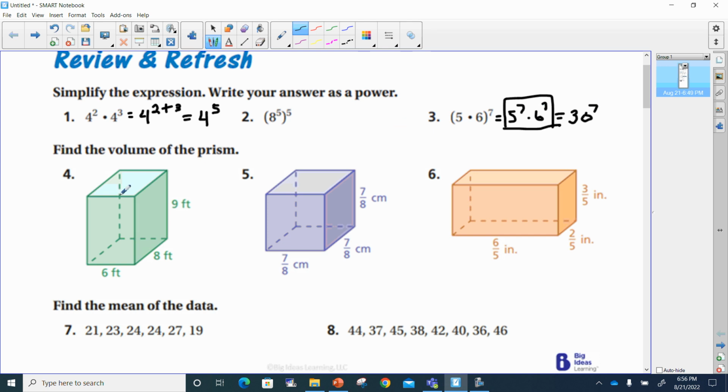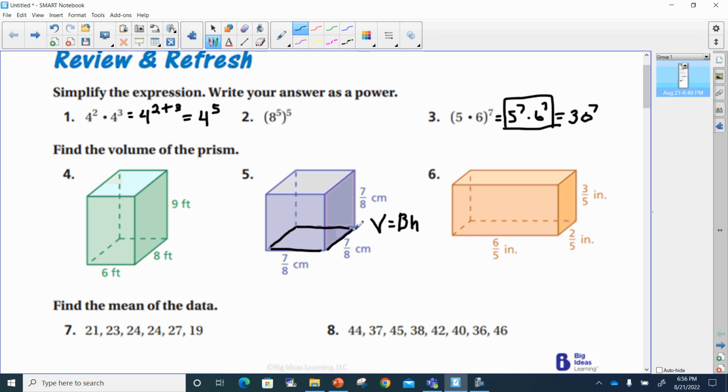Number 4 is yours. It shouldn't be a problem finding volume. They've given it to us in fractions, so this makes it a little more challenging. But remember, volume equals the big B, the base, times the height. The big base stands for the area of the bottom. The bottom of this shape is a square, and we know how to find the area of a square.